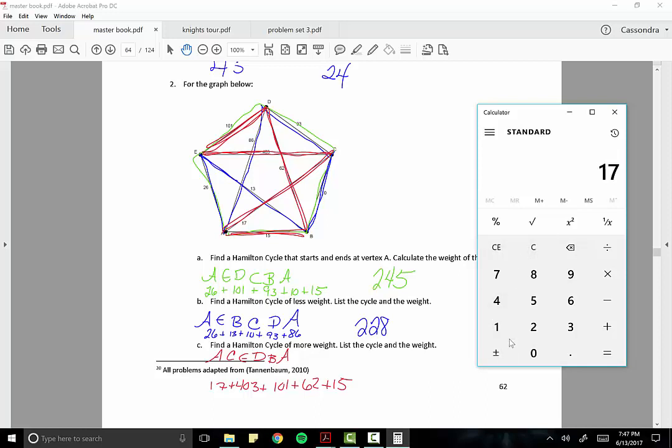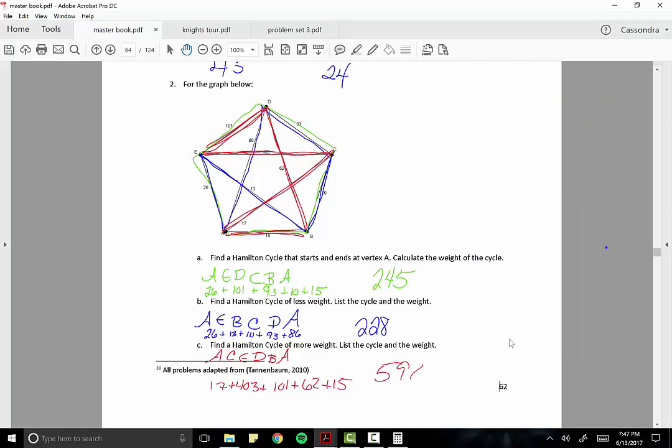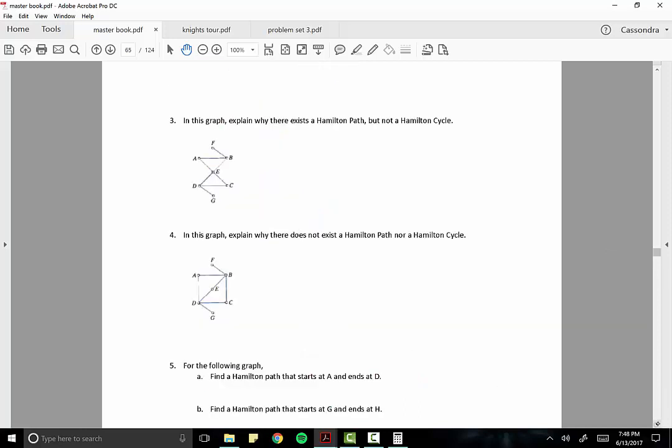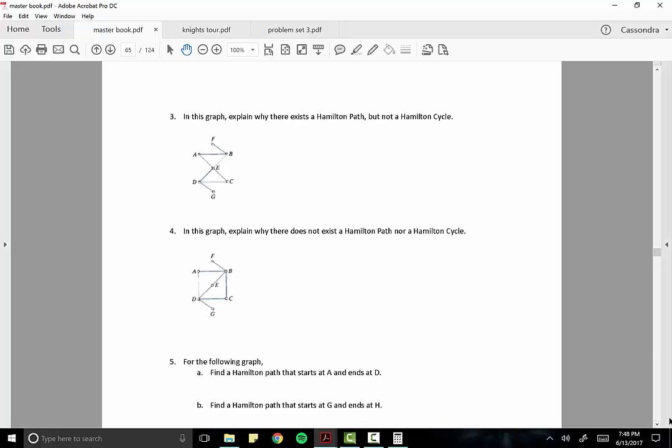So 17 plus 403 plus 101 plus 62 plus 15. So that was 598. Later on, you're going to learn how to maximize and minimize these paths using an algorithm, which is a measured set of steps that you've got to take.